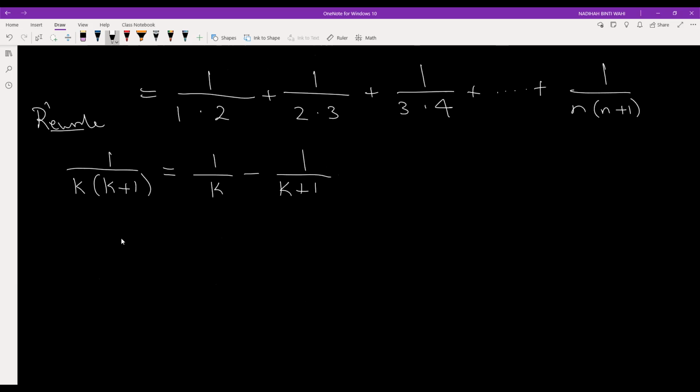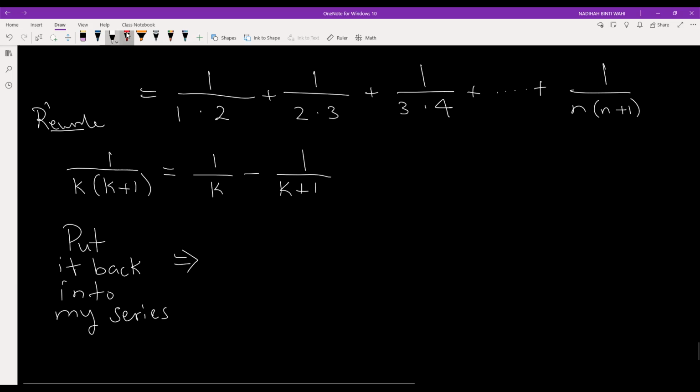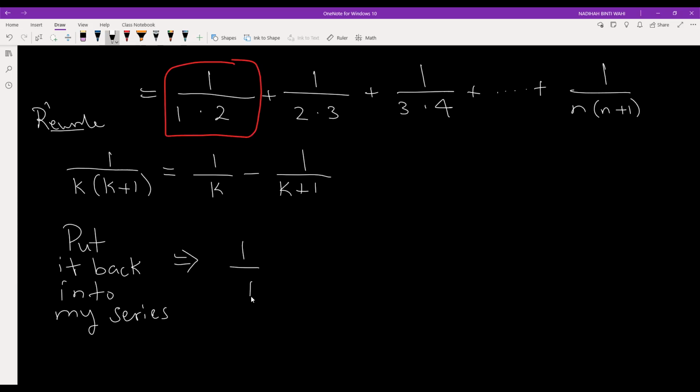Okay, and then I can put it back into my series. So what's going to happen? The first term right here is just 1 over 1 minus 1 over 2.